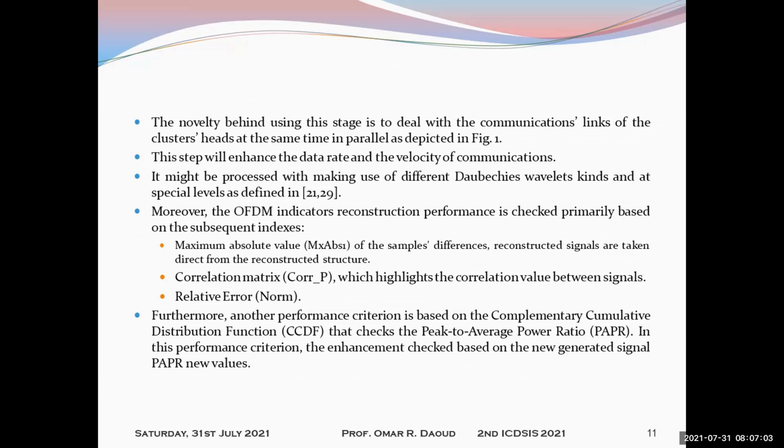Furthermore, we will show some CCDF curves to check one of the main problems that has been shown behind using OFDM or the inverse Fourier transform, which is namely the peak to average power ratio. In this performance criterion, the enhancement is checked based on the newly generated signals and compared with our previous benchmark.